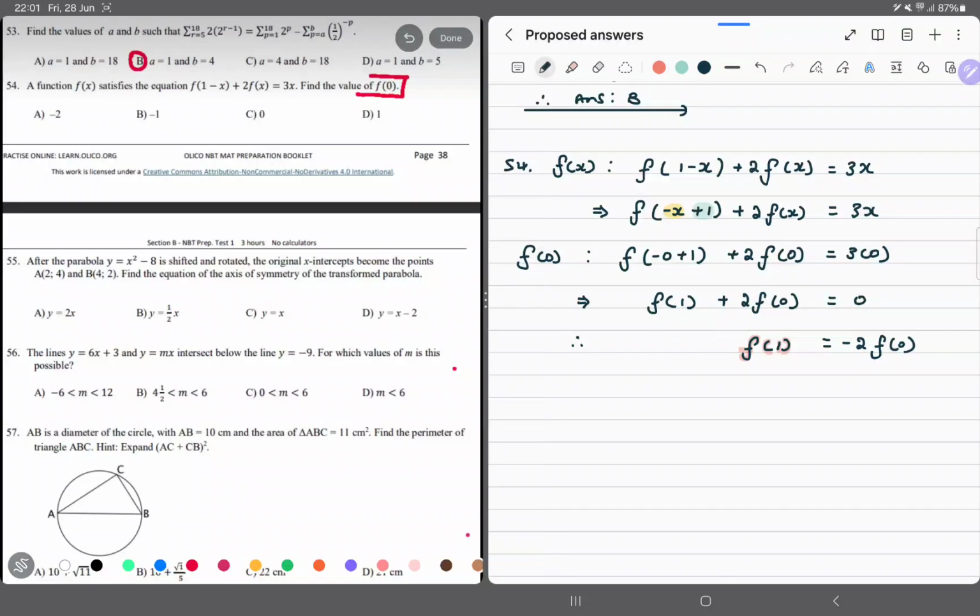Okay, because we still have the function f. So how about we look for f of 1 from the original? So this becomes our original, because this is the expression that would make mathematical sense in terms of functions. So let's see, where we see x, we put 1.